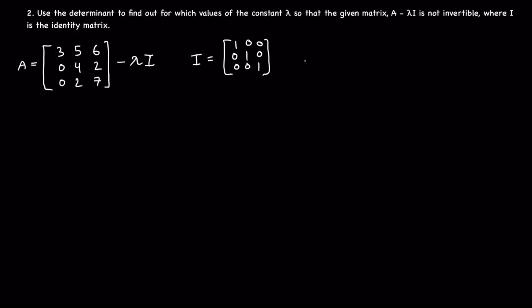Now we can find lambda I. We're just going to multiply this identity matrix by lambda, so that's going to be lambda, lambda, lambda all on the diagonal, and then the rest is just 0.